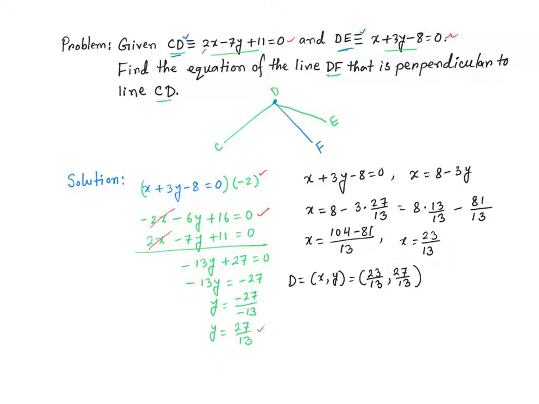I solve for y, I get this. Once I got y, I just take the equation x plus 3y minus 8 equal to 0 and plug in the value of y to get x equal to 23 over 13. So that's what it is. So my D is actually 23 over 13 comma 27 over 13.